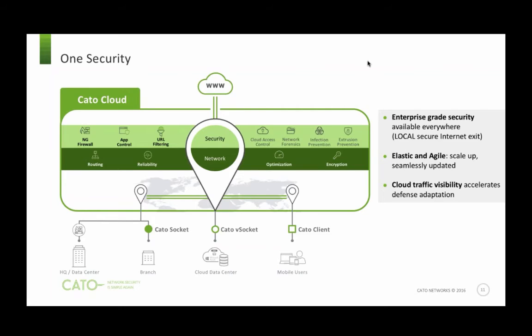Network forensics, we can hand off packet streams to third-party capabilities that you may need, or use it ourselves to do basically threat research. We're going to integrate infection prevention, including anti-malware, sandboxing, and we're going to do extrusion prevention. So basically looking at all the traffic going out of the system for both data leaks as well as attempts to communicate with command and control.